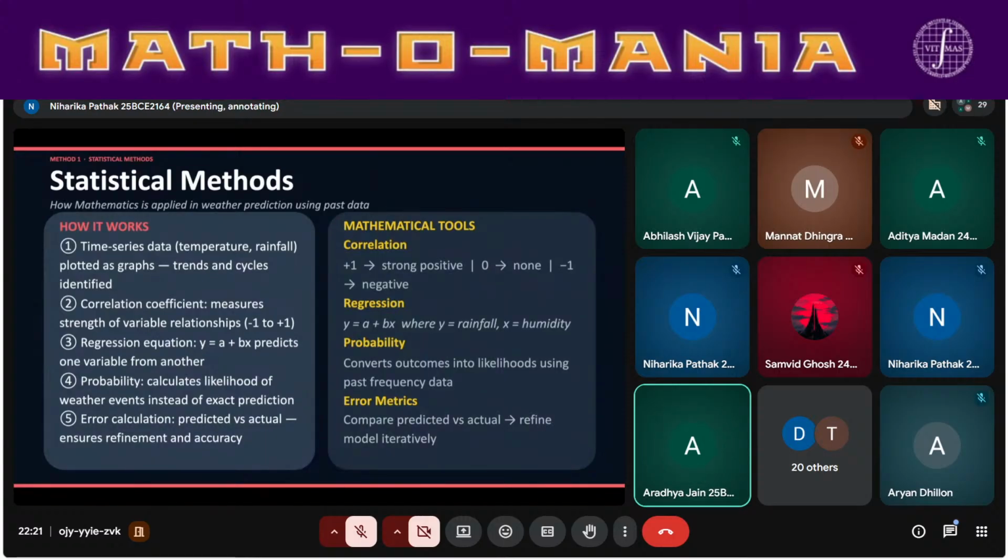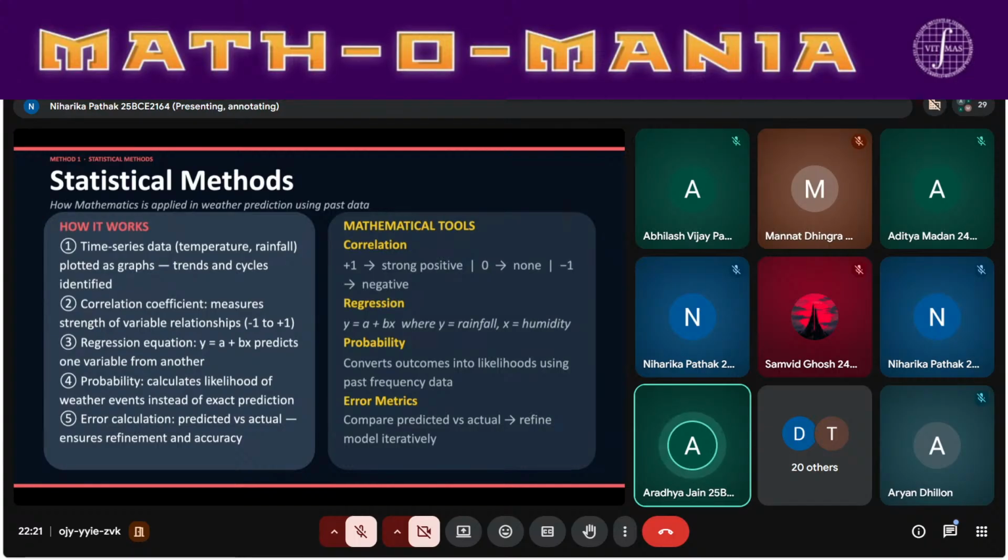And then what does this actually give us? This way we can find the probability of how exactly a weather event is going to happen. So it calculates the likelihood of that weather event, right? And this also helps us in error calculations.